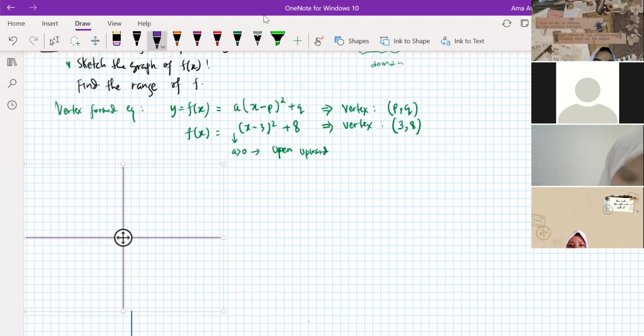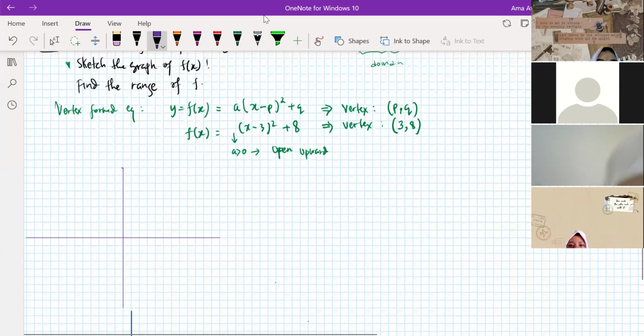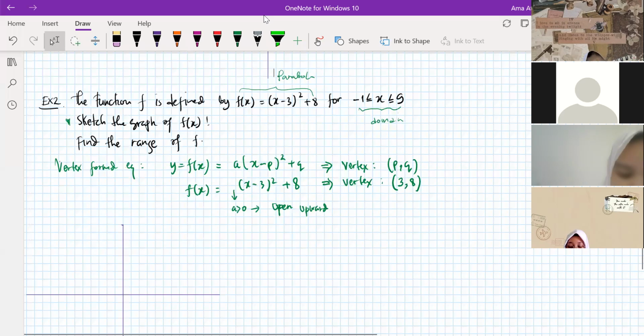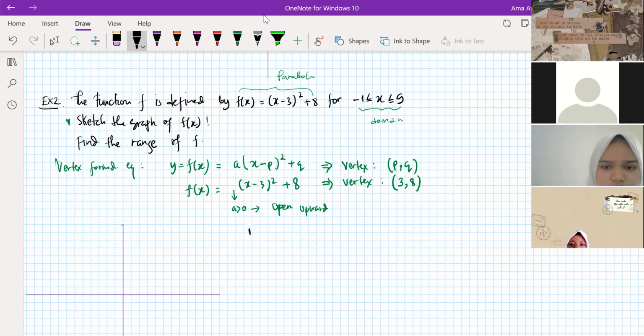Okay, look, this is the diagram. I'll go back to the question. We have the restriction that the domain is from -1 to 9.